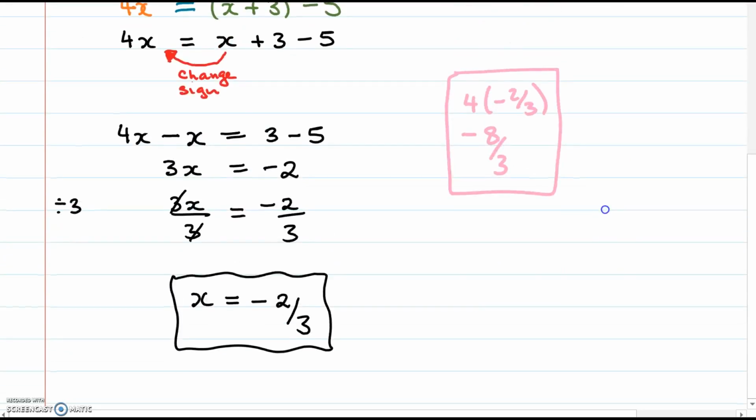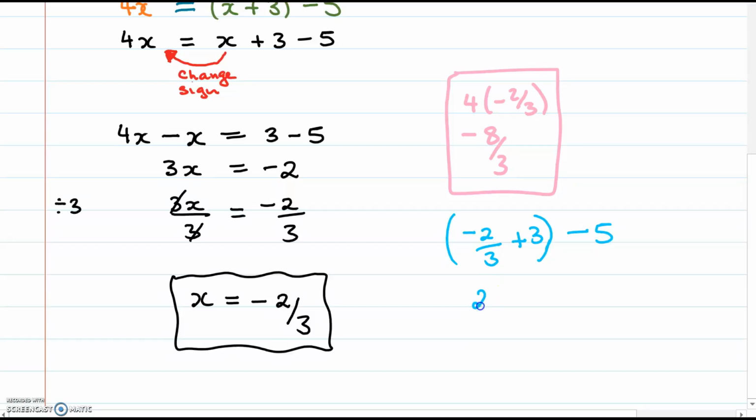So the sum of the number and 3: the number is negative 2/3 plus 3. And we want something that's 5 less than that, so we're going to subtract 5 from that. So let's do what's inside the parentheses first. Negative 2/3 plus 3 is going to be 2 and 1/3.